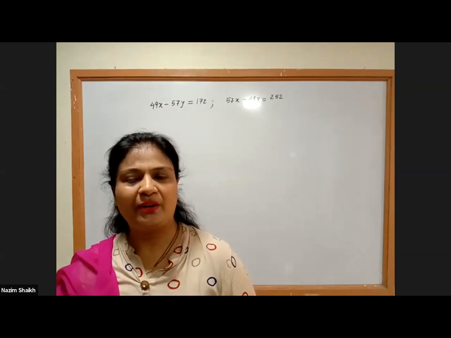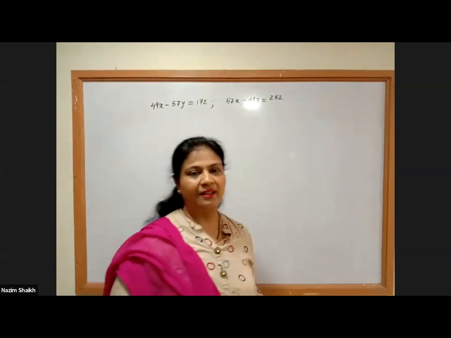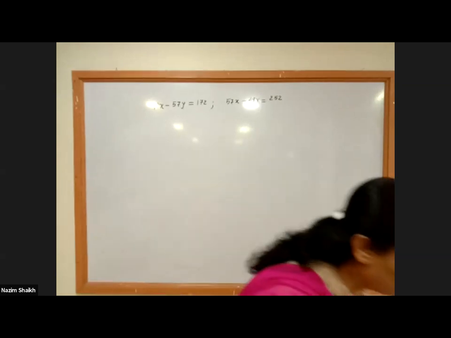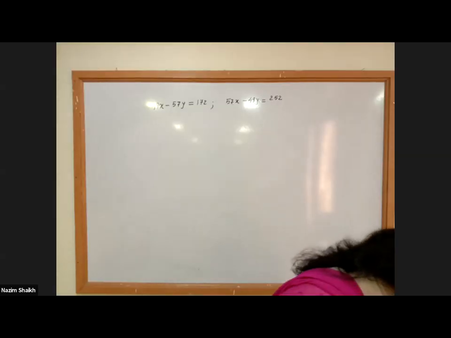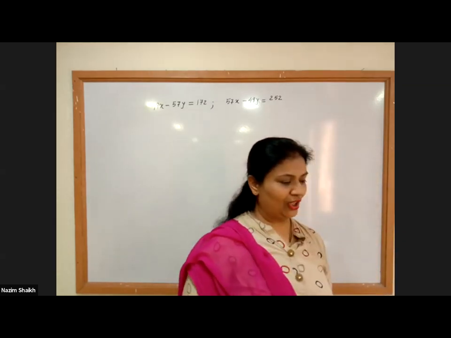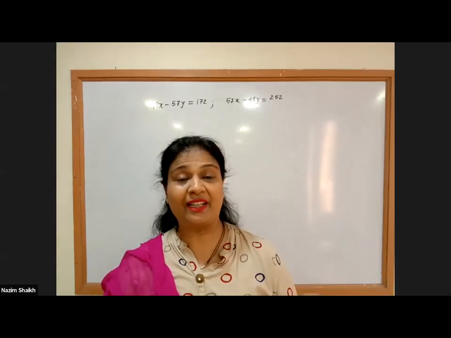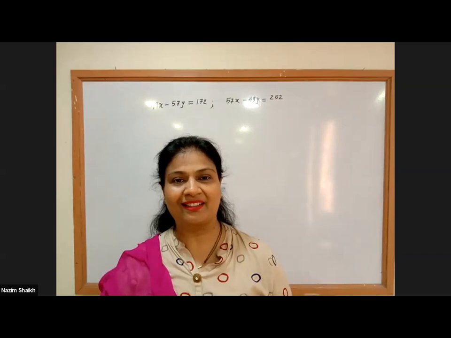I hope you all are doing it. Take your time, as I said. x, y equals 7, 3. So the answer has come. Good. Archisha also. x, y equals 7, 3. Okay, 7, 3. I am happy to see this.